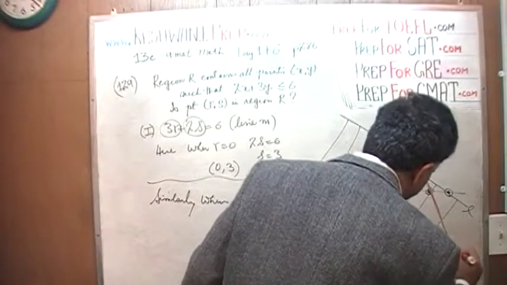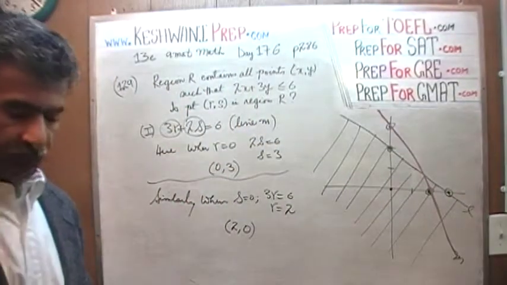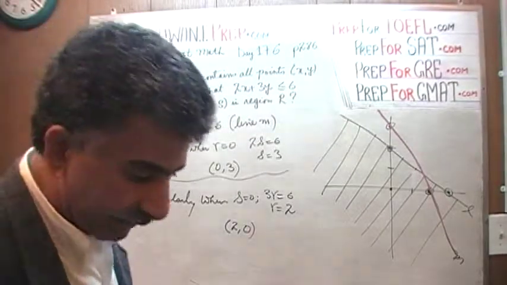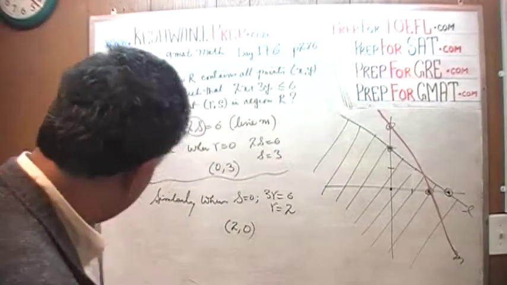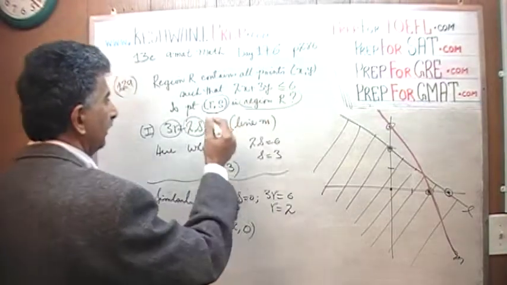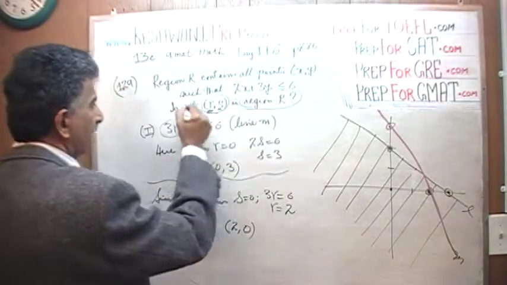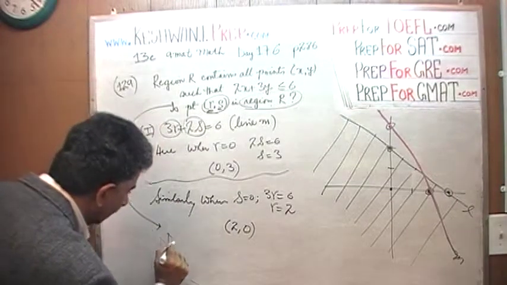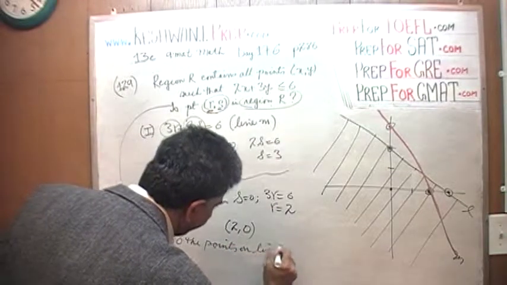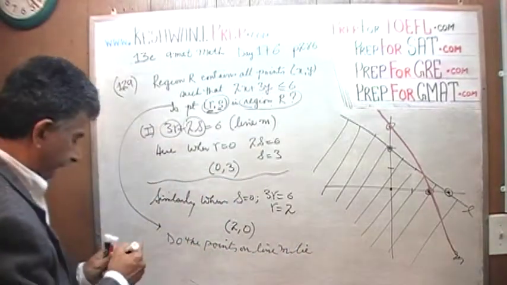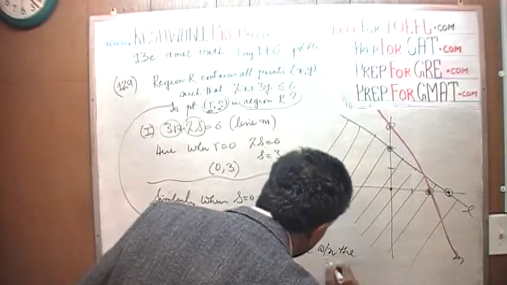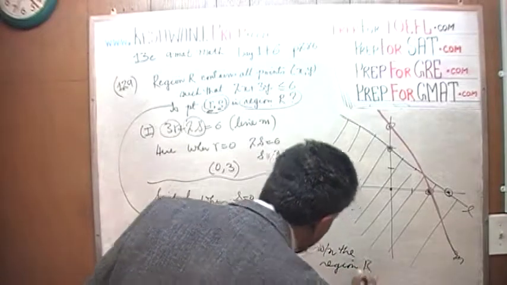Here is that line. The question is, do the points on line M lie within the region R? This is the same as saying, when they ask, is the point RS in the region R, do the points on line M lie within the region R?